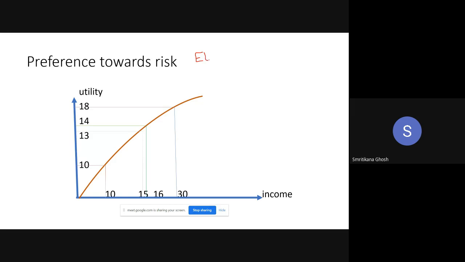Expected utility is equal to the probability, that is 0.5, into the utility of 10,000, plus 0.5 into the utility of 30,000. Now tell me the value.